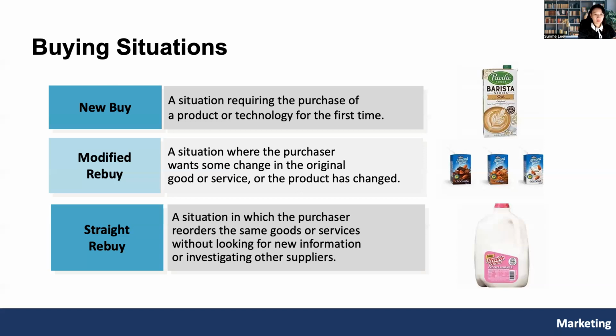So sometimes there is the modified rebuy, where technology takes place and you need to make some decisions, and you need some slight changes and some amount of collaboration within an organization.